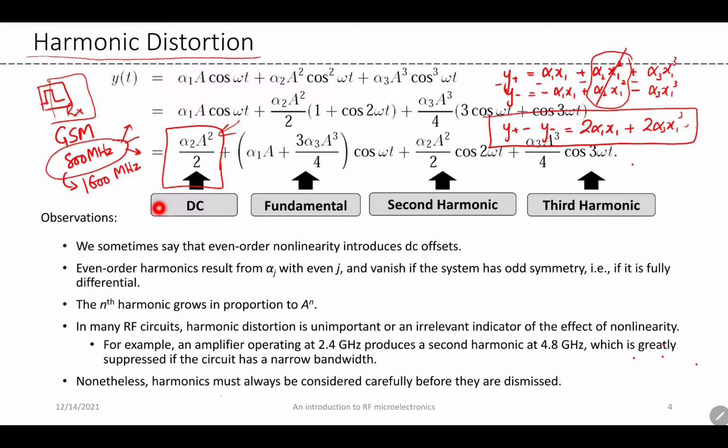So practically speaking, harmonic distortion does not impact the performance of RF circuits, but at the same time it's an important mechanism which should be understood. And it's also important because it forms the base of other distortions which have practical significance.